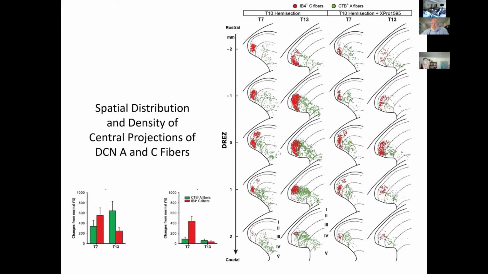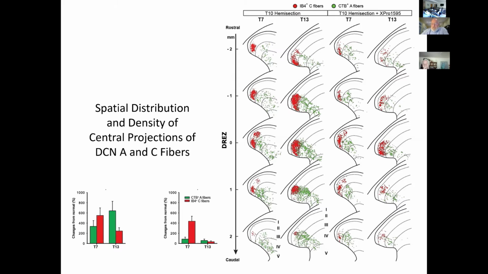So this has some implications clinically that maybe we should be looking at treating the inflammatory response early on, and perhaps we can block sprouting of pain fibers and the development of nociceptive hyperreflexia, and in humans, perhaps neuropathic pain.